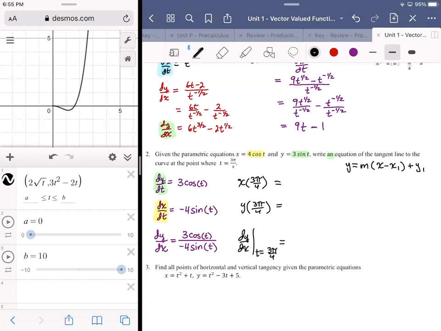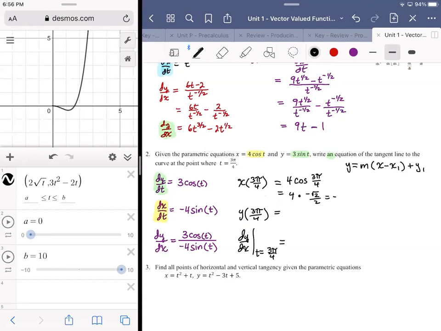All right, so comes a matter of evaluating functions. So I'm going to pop in a 3 pi over 4 for cosine. Cosine of 3 pi over 4 is second quadrant. Cosine's negative in the second quadrant, so 4 times negative radical 2 over 2.